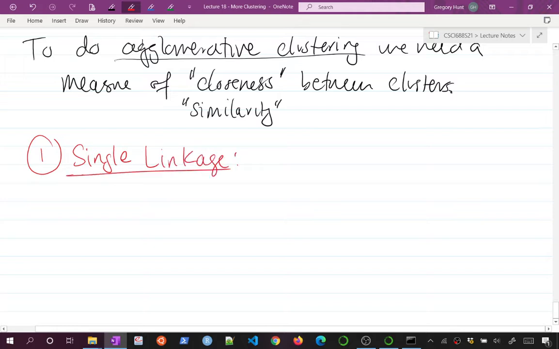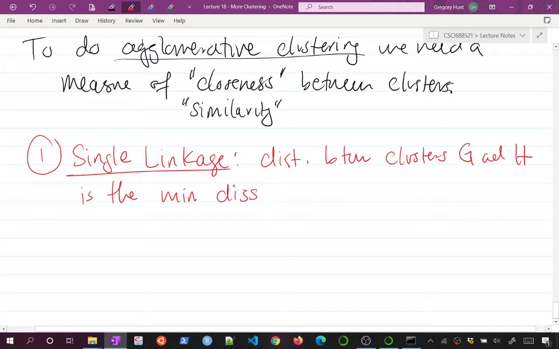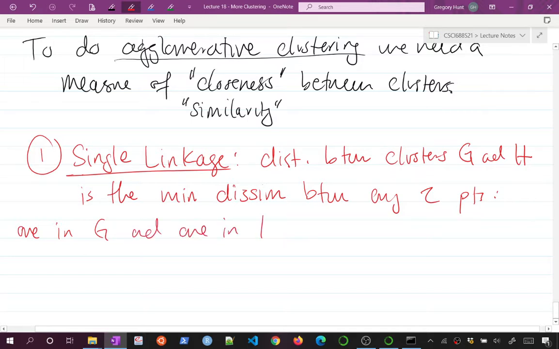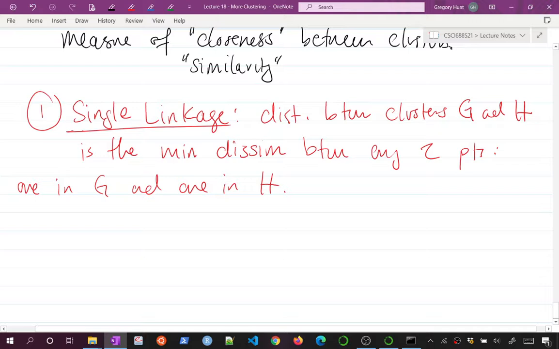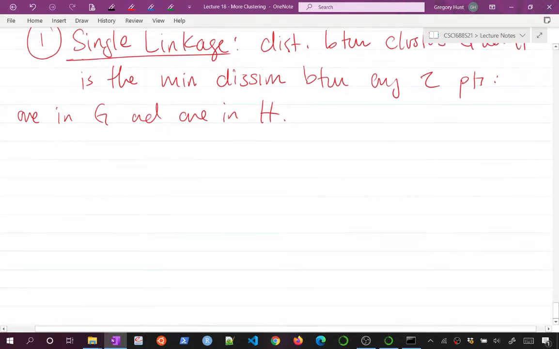And single linkage basically means that the closeness or the distance between clusters G and H is the minimum dissimilarity, or you can think of it as distance, between any two points, let's say one of them in G and one in H. Again, it's kind of cumbersome to write out in words, but it's not too bad.